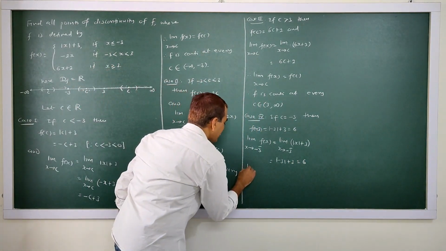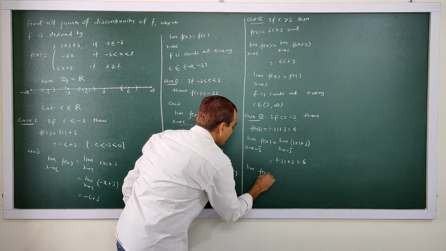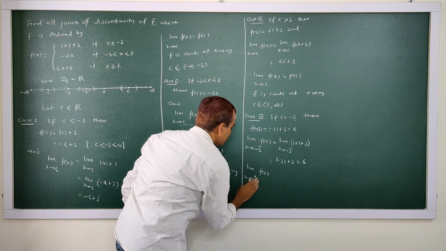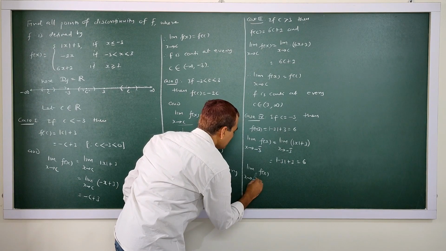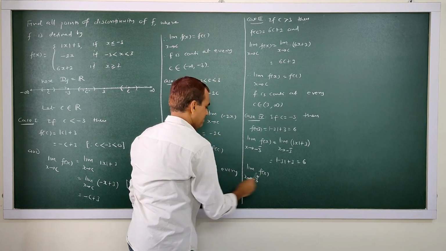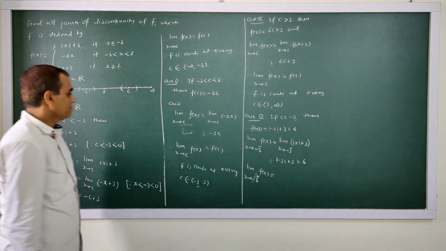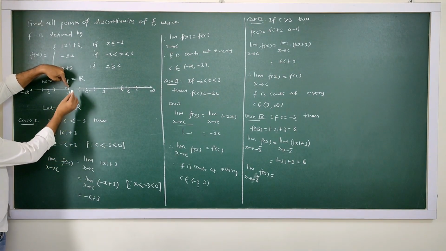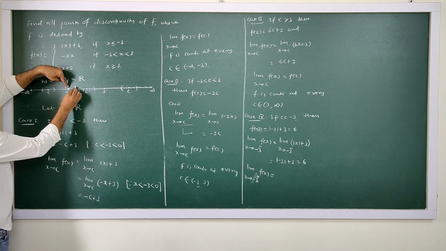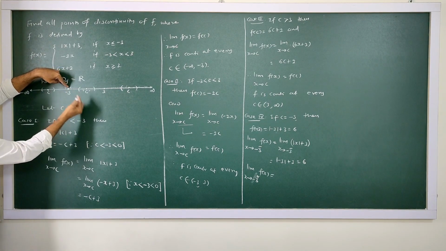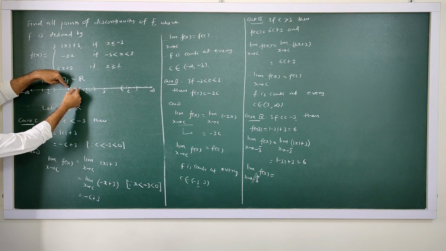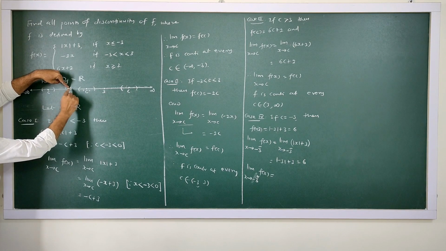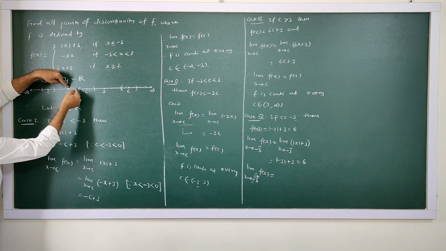Now we find the right hand limit. Limit of f(x), x tends to -3 from the right side. That means x is coming towards -3 from the right side. So all values of x will be coming nearer and nearer towards -3. So that means x is more than -3.